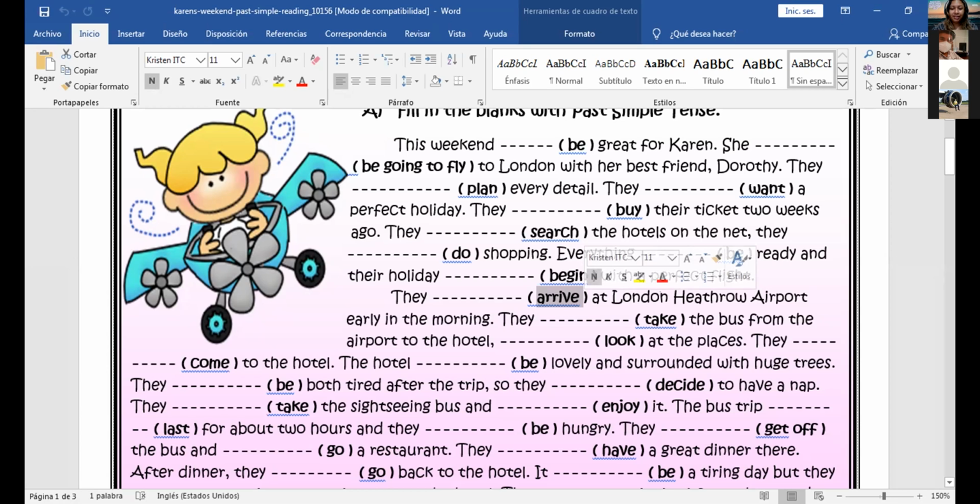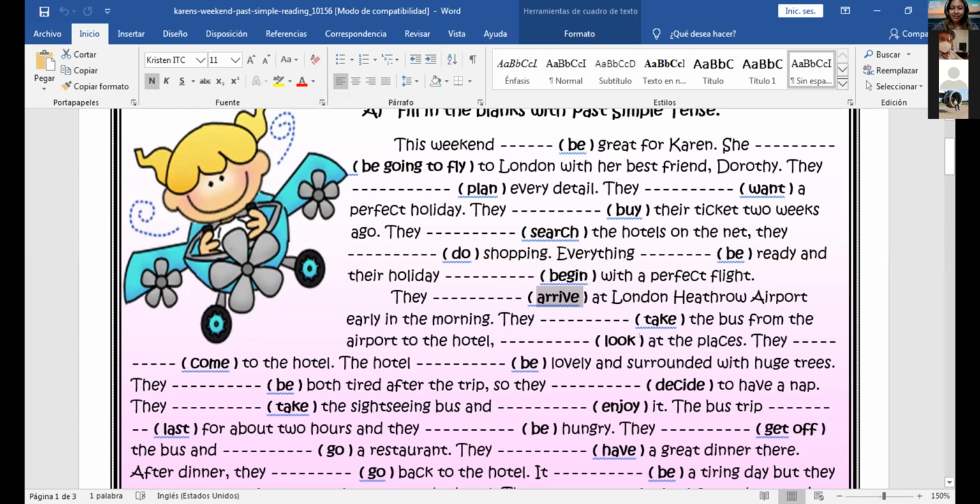Heathrow Airport. One more time. Airport. Okay, let's continue. It's early in the morning.